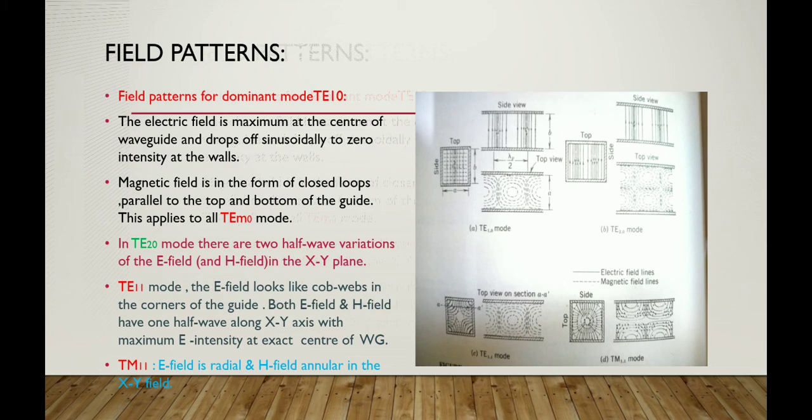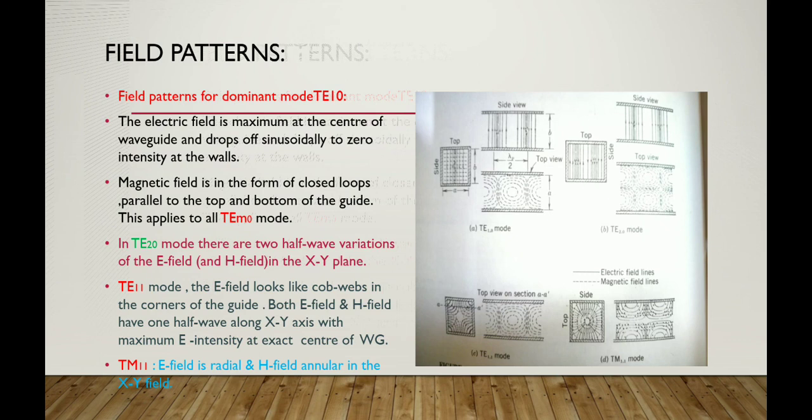In TE20 mode, there are two half-wave variations of electric field and magnetic field in the XY plane. In the right hand side top corner, you can see the field patterns. TE11 mode, the third diagram drawn on the left corner: the electric field looks like cow-waves in the corners.